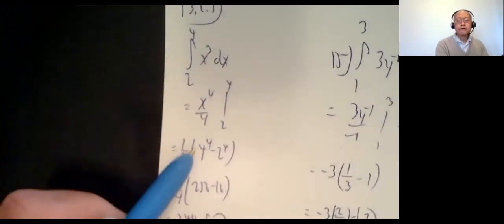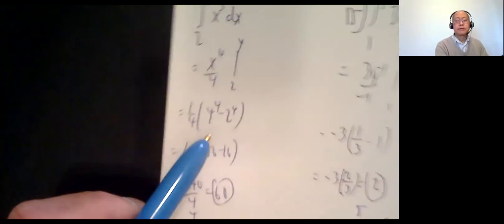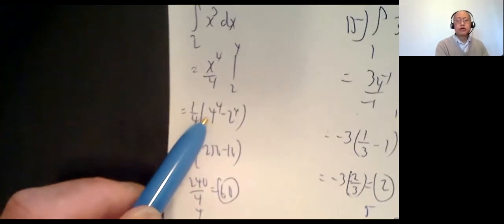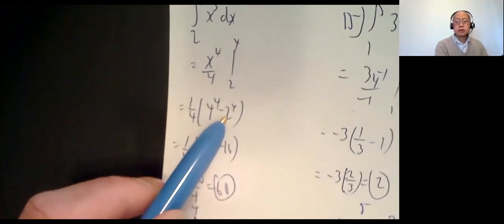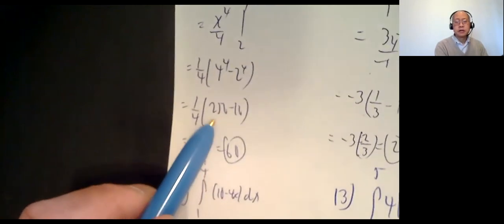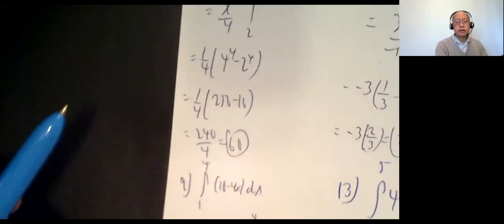Plug in 4, 4 to the 4. Plug in 2, 2 to the 4th. And then you can punch it in your calculator. 1/4. 4 times 4 times 4 times 4 is 256. 2 times 2 times 2 times 2 is 16. Subtract 240. 240 divided by 4, 60.